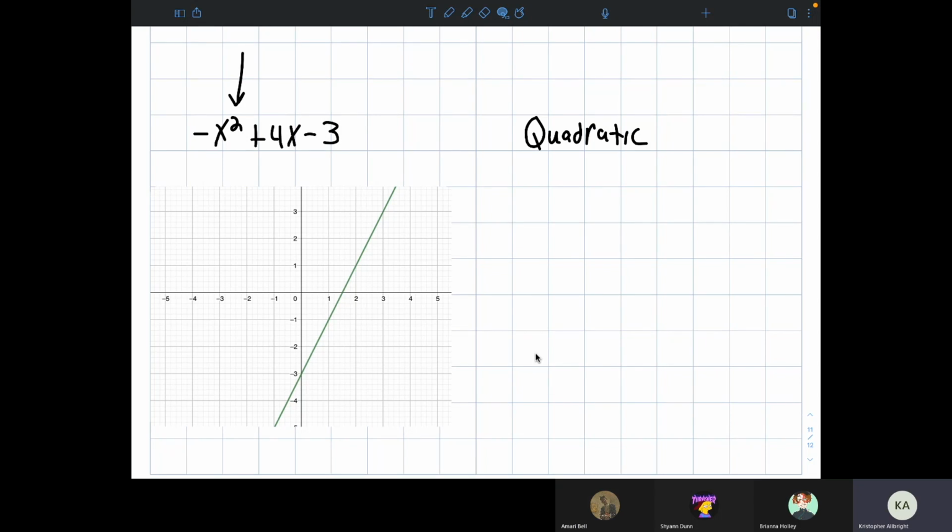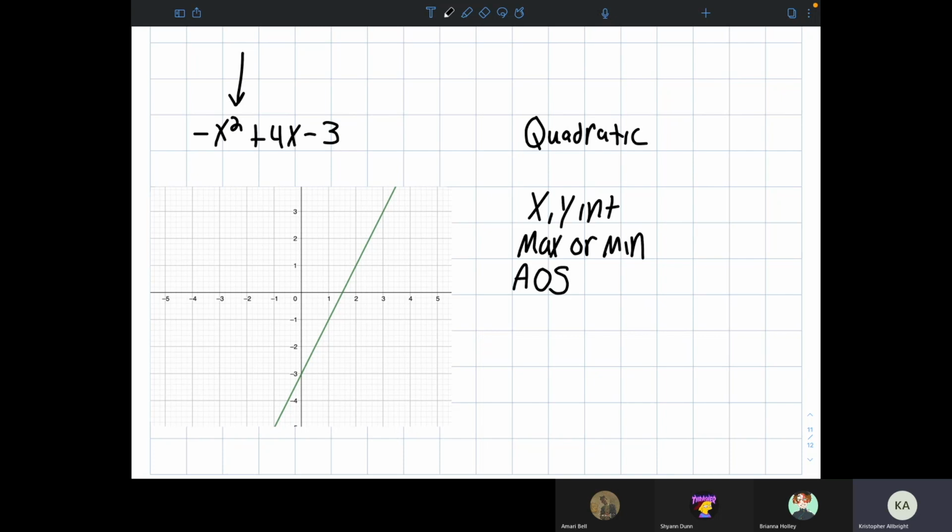Okay, so we have our graph here. So let's worry about what we need to figure out. We need x and y intercepts. We need maximum or minimum. And we need our axis of symmetry. Actually, this is not, wait. I'm sorry, I plugged in the wrong equation.